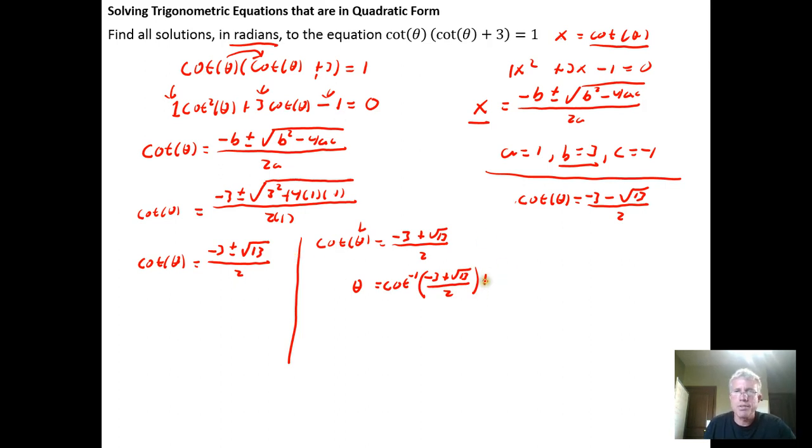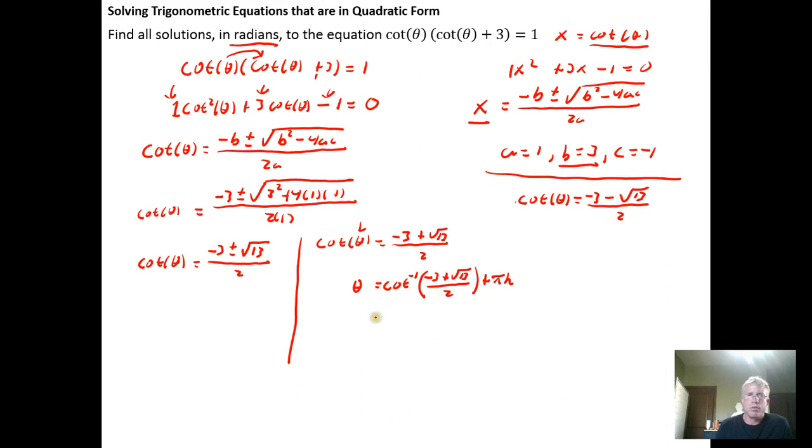So we're going to go plus pi times k, where k is any integer. And here we're done. This doesn't correspond to a special angle. If we needed to get approximations by plugging this into a calculator, not all calculators have an inverse cotangent function on them.